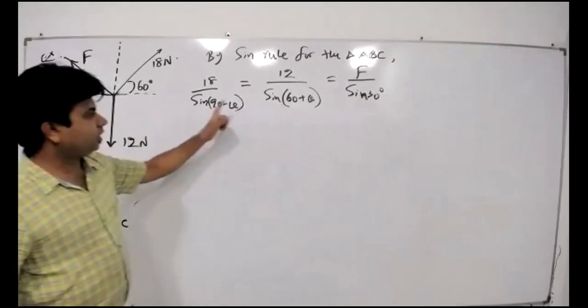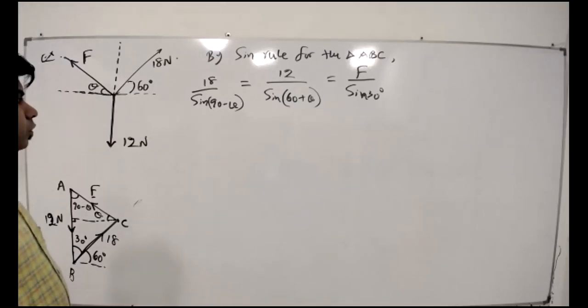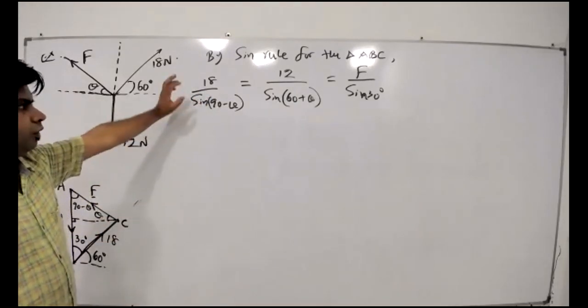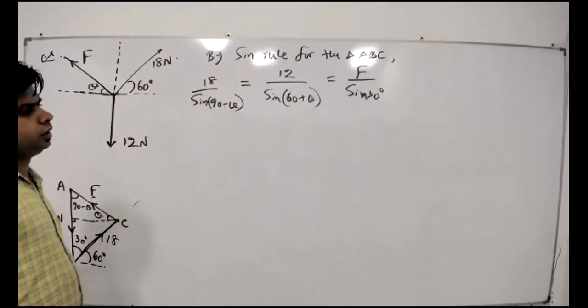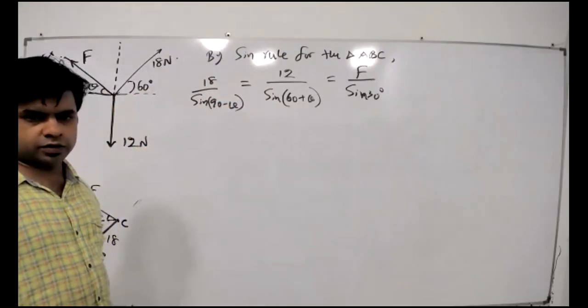First equate these two and tell me what is theta. So 18 over cos theta equals 12 over sine of 60 plus theta, right? Then cross multiply, then go to the expansion of sine of 60 plus theta.